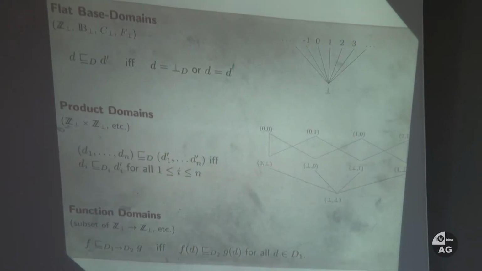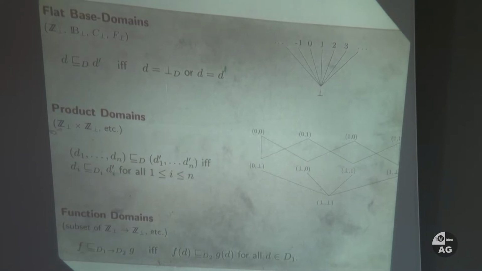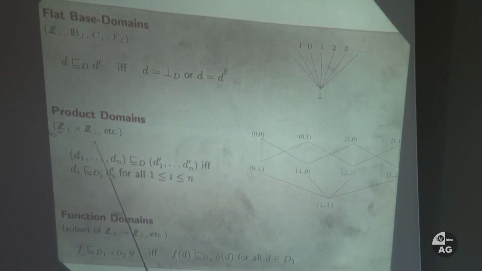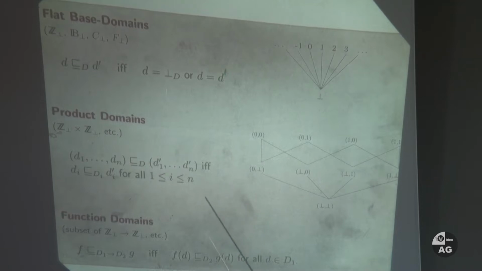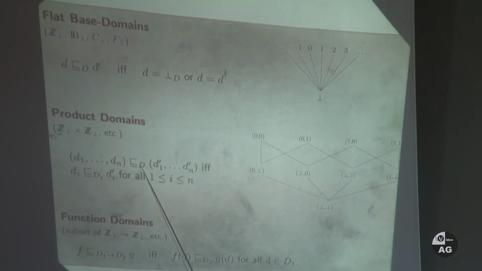And what happens if we have more complicated types, for example, product types? Well, there we discuss the product of domains. So if we have Z bottom and Z bottom, we can build the Cartesian product. And then the question is, how do we compare these tuples of values? And we do this component-wise. So if D is the domain consisting of D1 cross D2 cross D3 and so on up to Dn, then we can compare tuples like this.